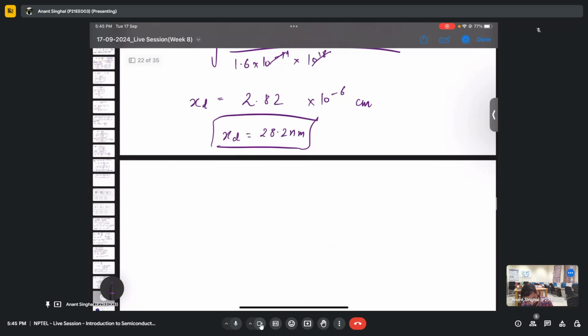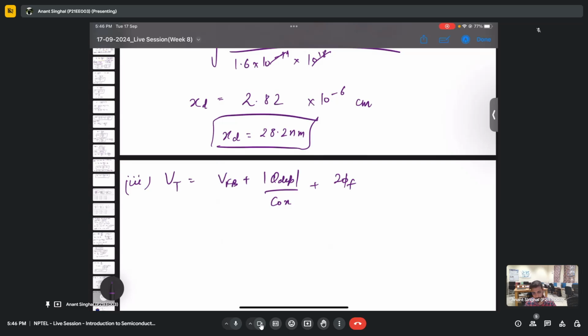The third part is the threshold voltage, which is nothing but VFB plus Q depletion by Cox plus 2 phi F. Do you want to calculate it or I should go for it? Please let me know. We will do, sir.